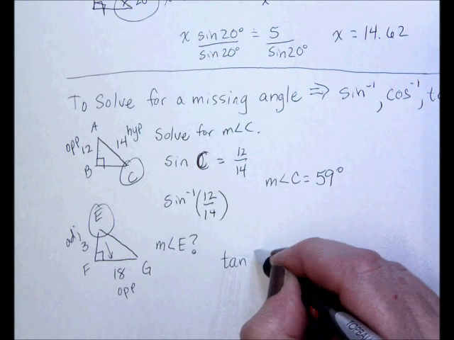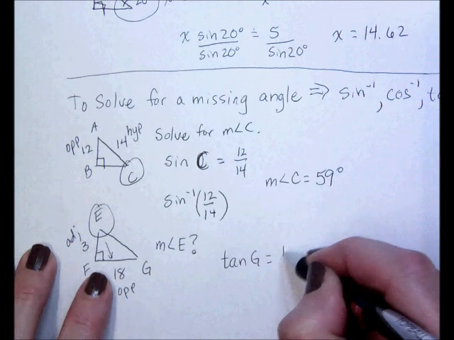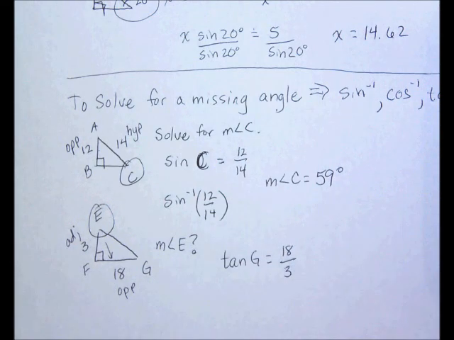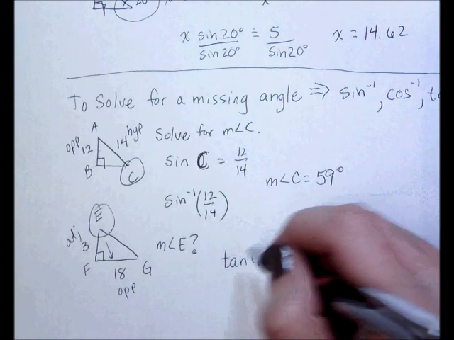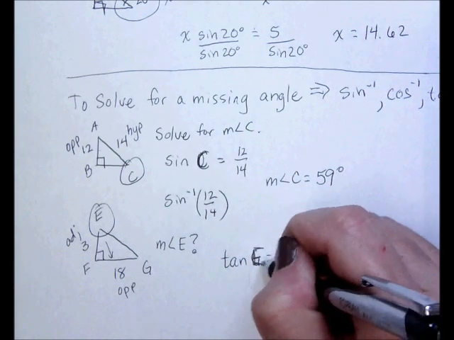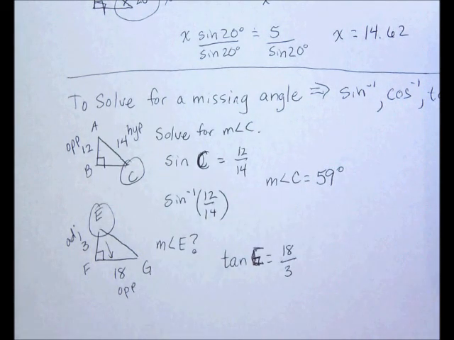So the tangent of G is equal to opposite over adjacent. So it's equal to that ratio. But I didn't ask you what the tangent of G was. I asked you what the angle, not G, E, pardon me. I didn't ask you what G was, I asked you what E was. And so I need to find out what the angle measure E is.